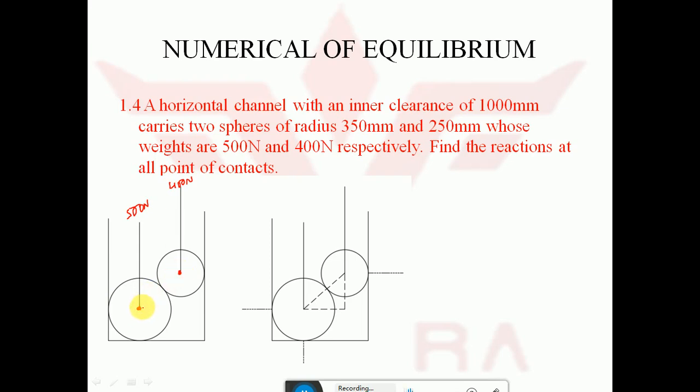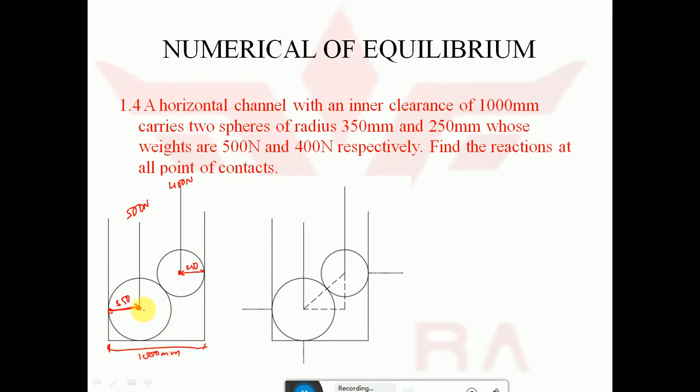The radius of this circle, from here to here, is 350, and the radius of this sphere is 250. The inner clearance, from here to here, measures 1000 mm.